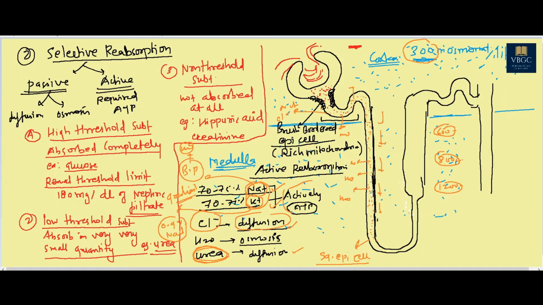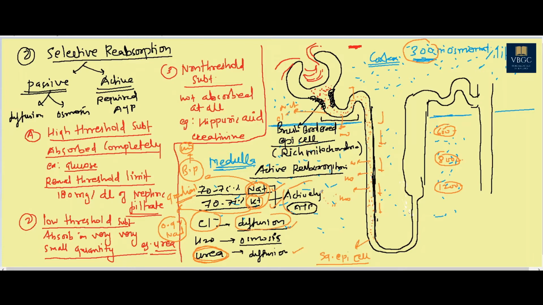Okay, so the question that comes to mind is, if we are absorbing many things, where are these things going? Just surrounding the loop of Henle we have the vasa recta. Some things are moving into the vasa recta. Let's consider the blood, the chloride, the sodium. Some amount of sodium chloride moves into the vasa recta, and the rest gets absorbed into the interstitial fluid here in the medulla.